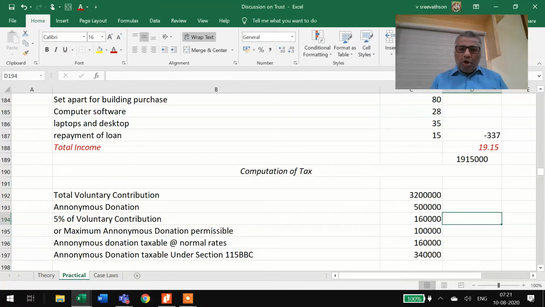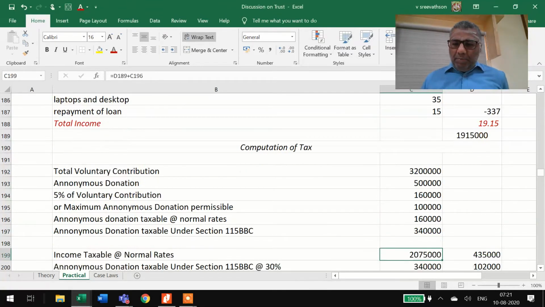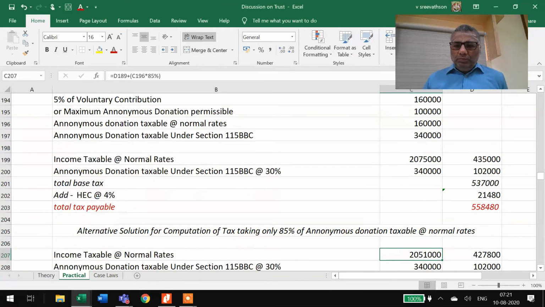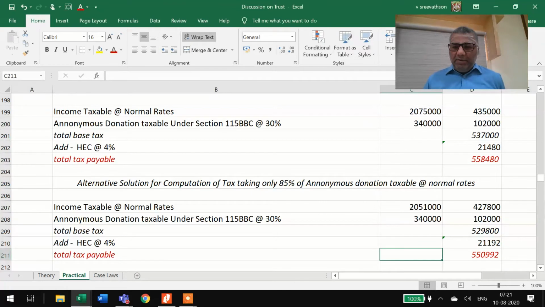So anonymous donation can be up to 1,60,000. I'm happy the majority of you did it correctly, because you should take the entire 32 lakhs, 5% of total donation. So it can be 160, and the alternative answer.